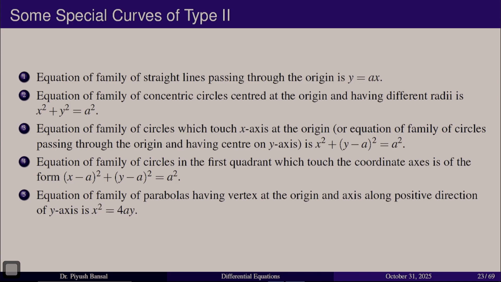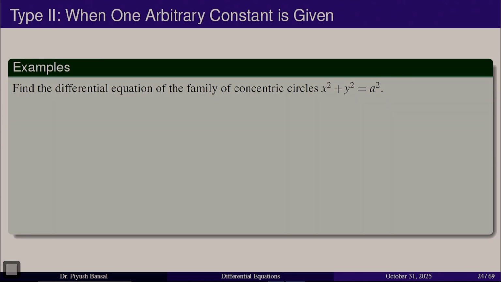So our aim here is to remove this arbitrary constant from whatever solution or family of curves is given to you, in order to obtain the differential equation of the first order. Like here, this is the family of concentric circles having center at origin and radius arbitrary a.